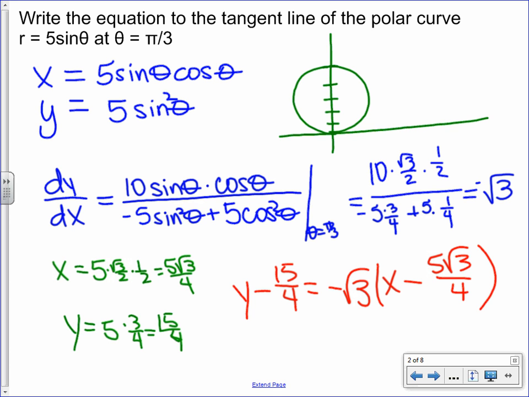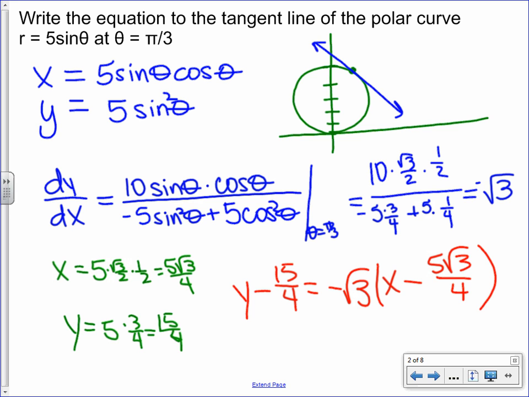Yeah, that's good. So here, at pi over 3, our tangent line has a slope of negative radical 3. Now I've got to convert that equation back around. How do you do that?